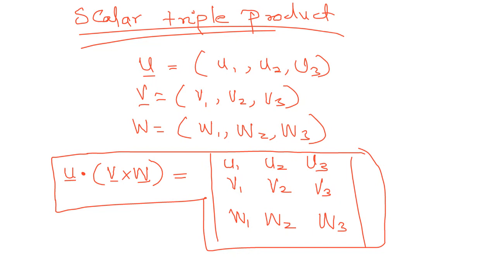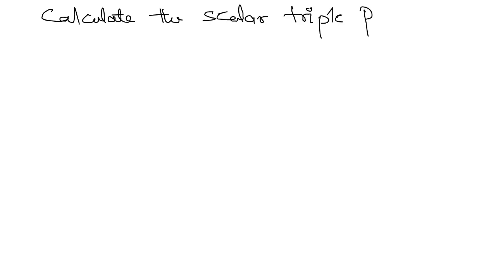Okay, now if I give you one example: calculate the scalar triple product. Okay, if I write only the scalar triple product, it means I'm talking about u dot v cross w.